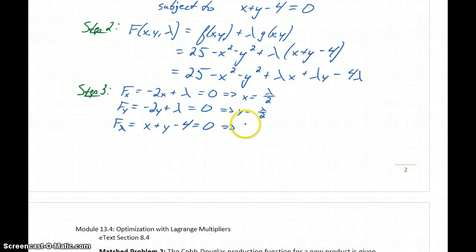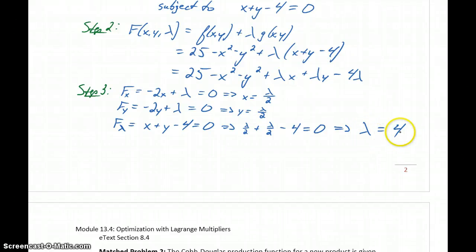So in place of x we have lambda over 2, in place of y we have lambda over 2, minus 4 is equal to 0, which is going to give us a value for lambda equal to 4. So we just add those together and then solve for lambda from there.